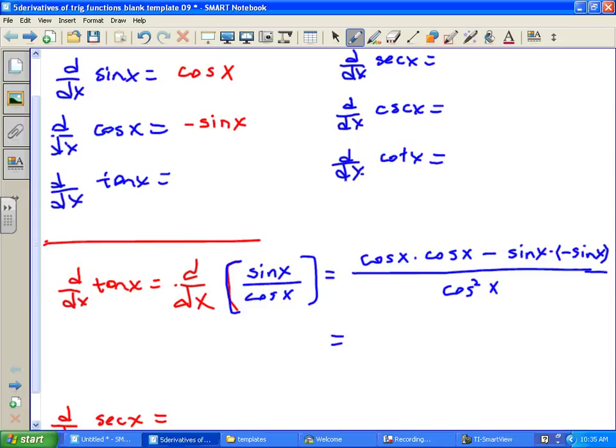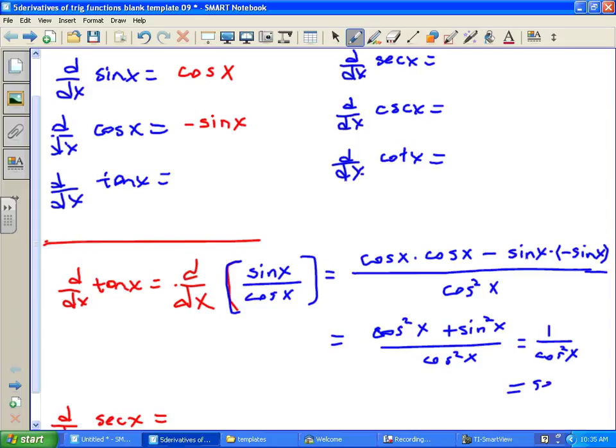On the top, the two negatives give us a plus in the middle, right? So we're going to have cosine squared plus sine squared on the top. How can we simplify that? As 1. So what is the final answer then? 1 over cosine squared x. Very good. You can simplify 1 over cosine squared as secant squared x.